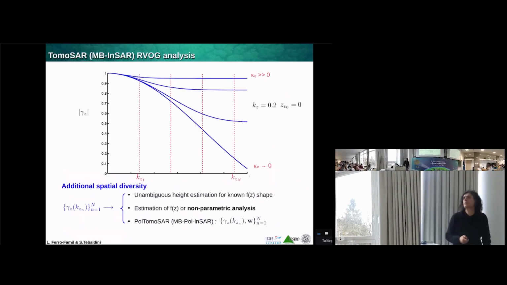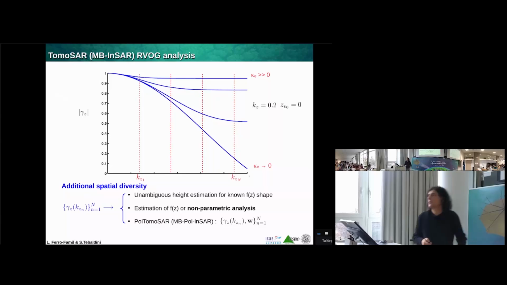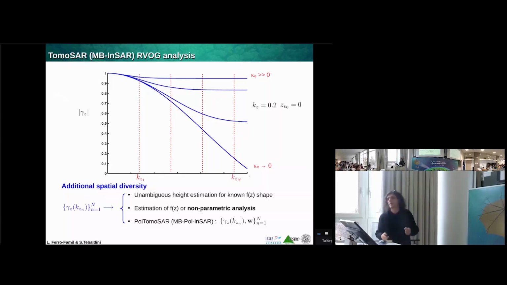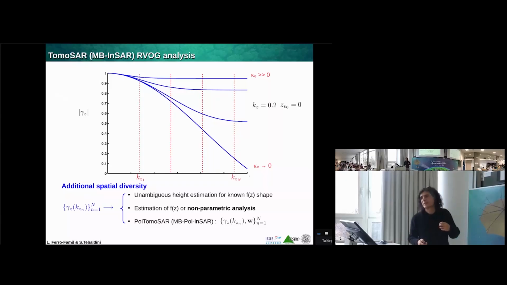But if you don't use polarization diversity, you can use baseline diversity, not only 2 acquisitions, but you can use 3, 4, 5, 10, 20. It depends on how rich you are and how people are willing to pay for your acquisition. Do you know the number of acquisitions that BIOMASS is using to perform SAR tomography? It's 7.